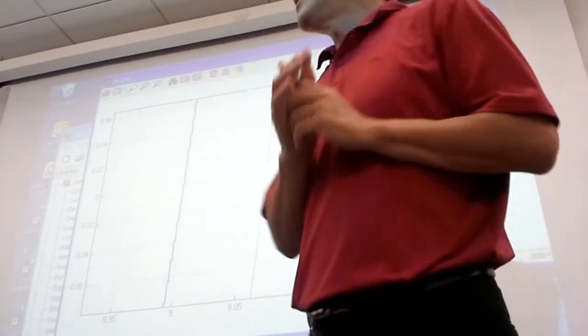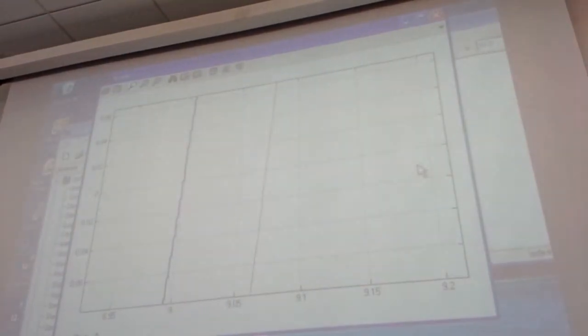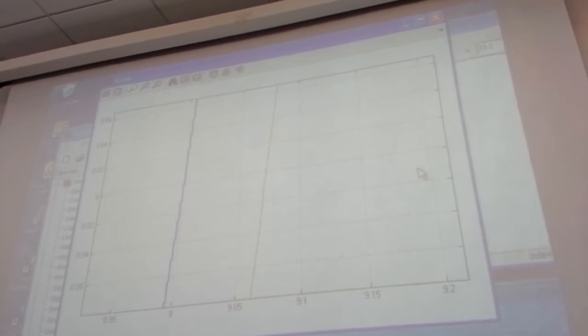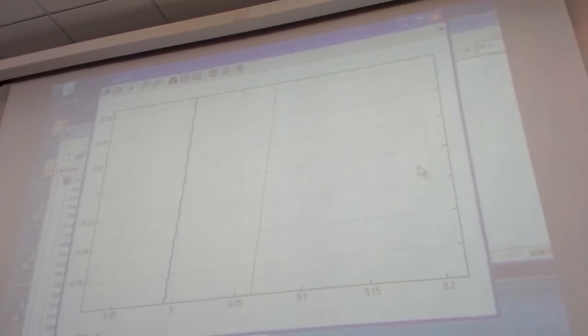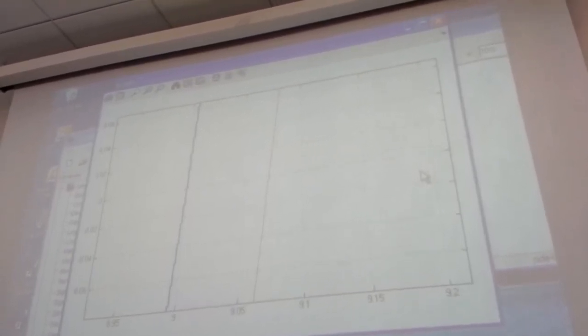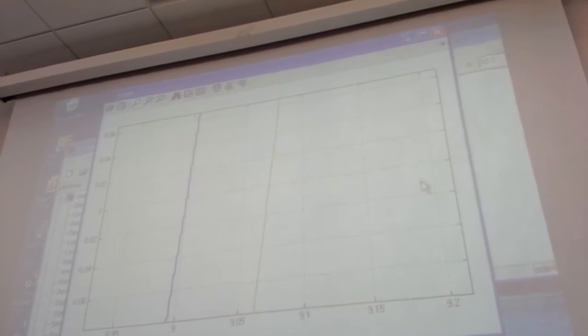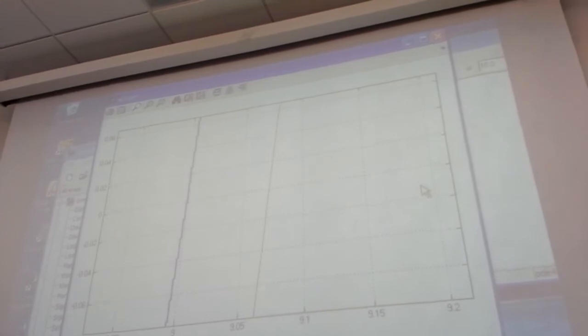If phase delay is greater than 180 degrees, your system is unstable. That's what I mean. So less than 180 is usually good. In control engineering, about 60 degrees minimum is desired. If it's about 60 degrees, the response will be something like that.